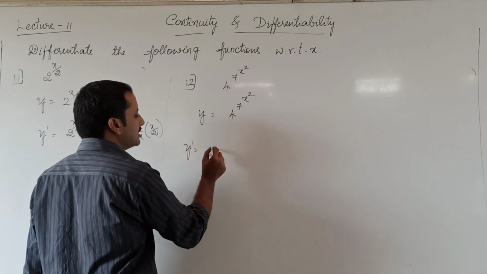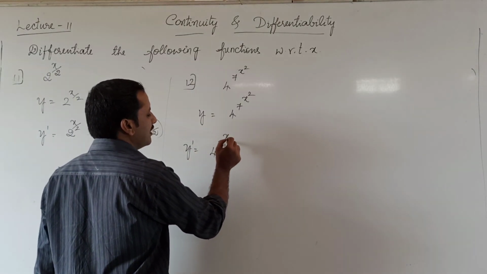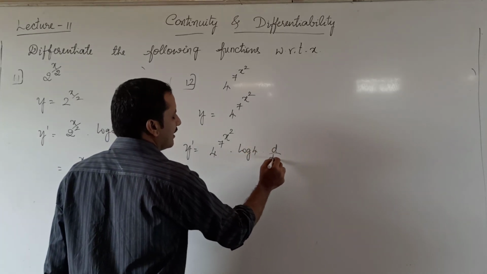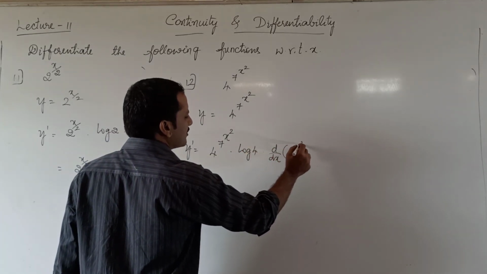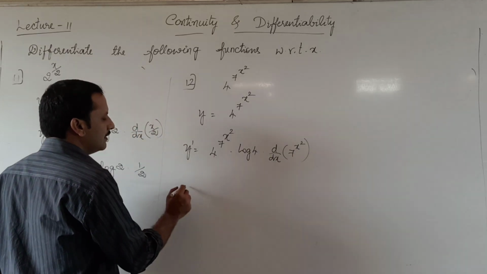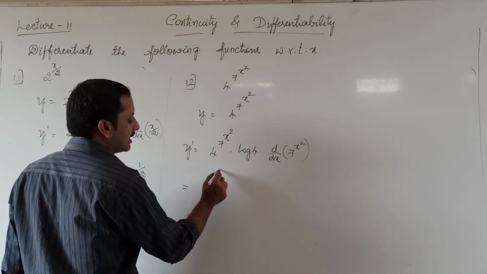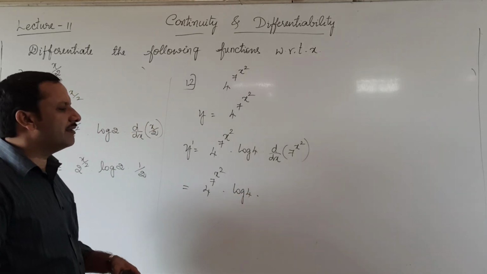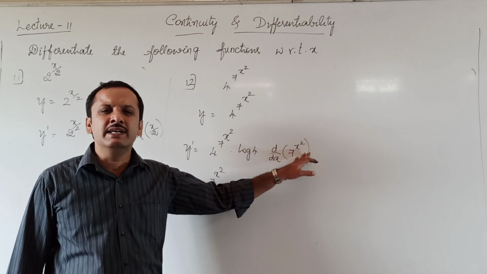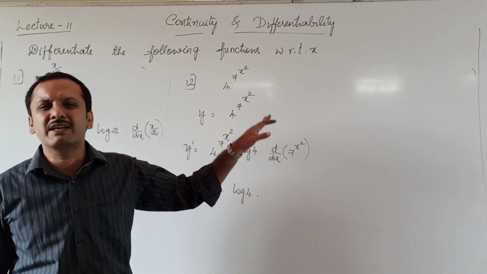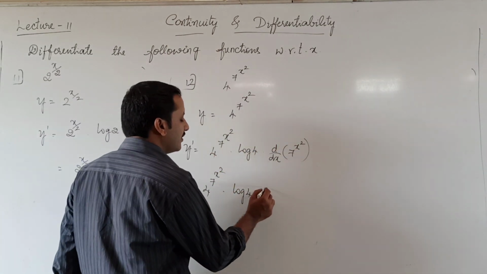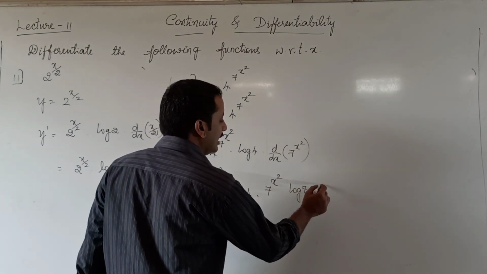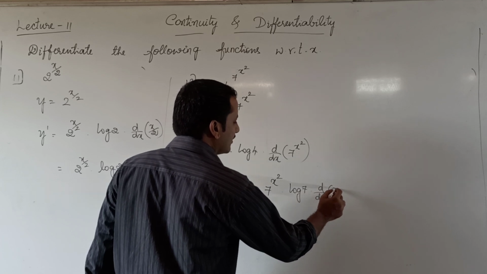So the derivative of this will be 4 power 7 power x square into log 4 into the derivative of 7 power x square. Now 7 power x square looks like 7 power x. The derivative of 7 power x is 7 power x into log 7. So the derivative of 7 power x square is 7 power x square into log 7 into the derivative of x square.